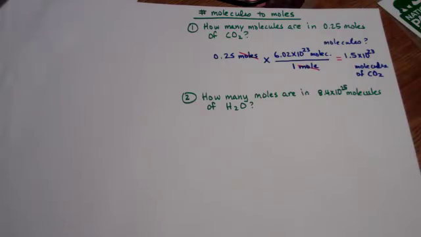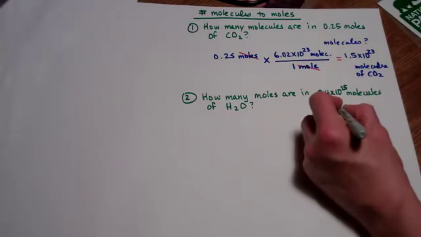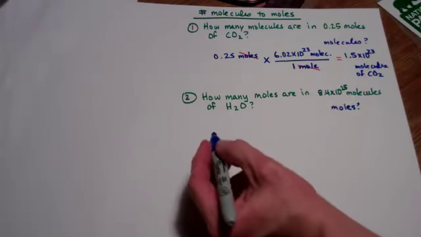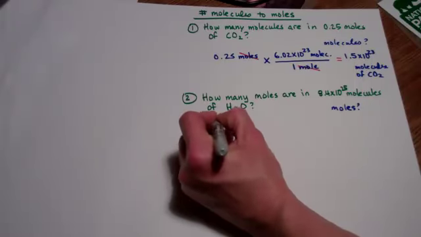Alright, let's do our problem down here on the bottom. So now in this question, we've got how many moles are in 8.4 times 10 to the 25 molecules of water. So in this case, we want to end up getting moles, and we're starting out with our number of molecules.